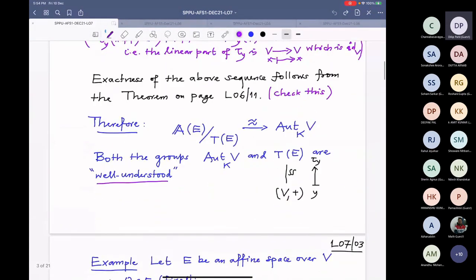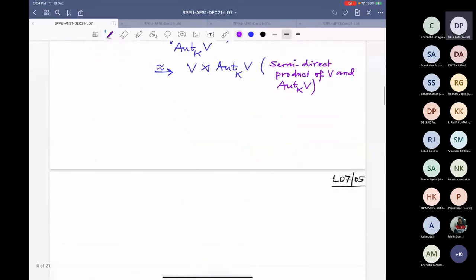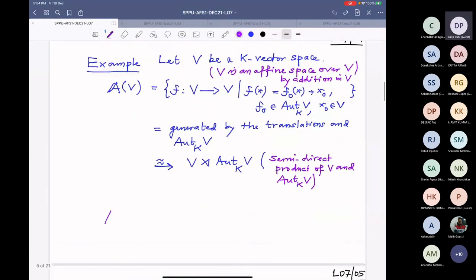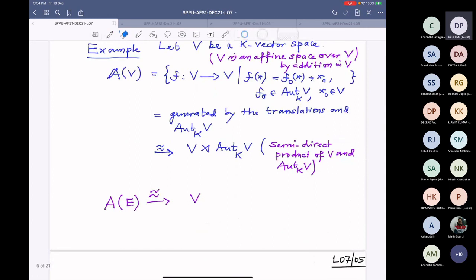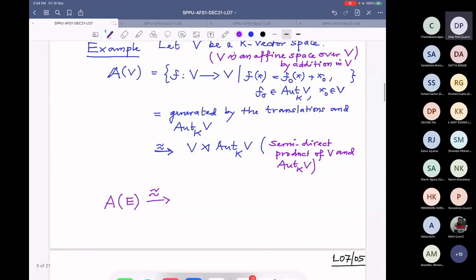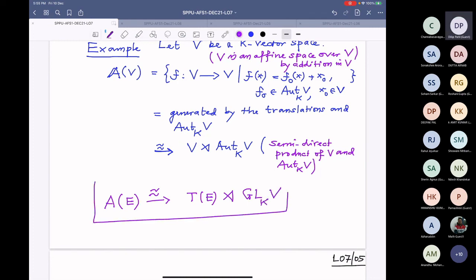Right? So what is the conclusion here? The affine group A(V) is isomorphic to the semi-direct product of V, the underlying V, where you identify V with translations T, and then the semi-direct product with GL(V) over K. This is what we want to prove.